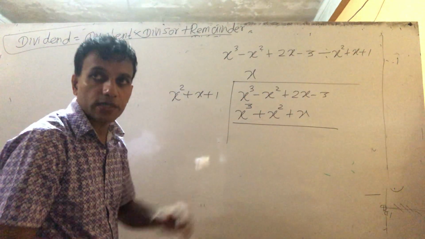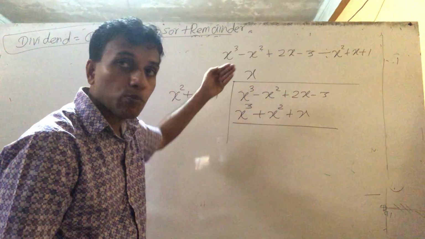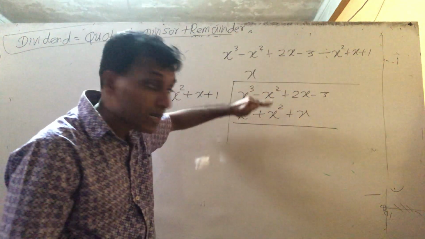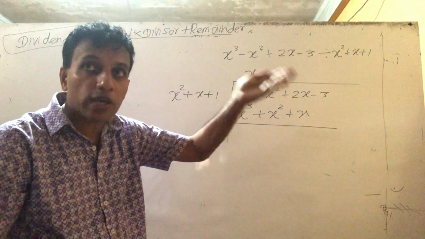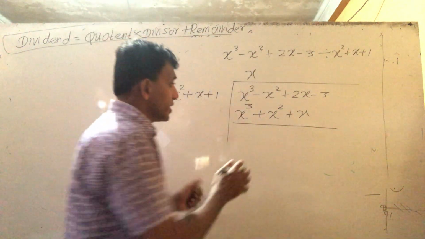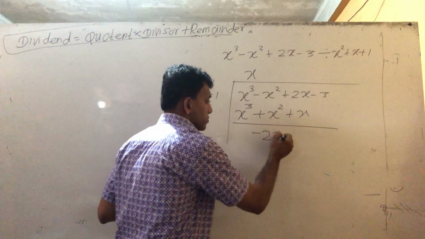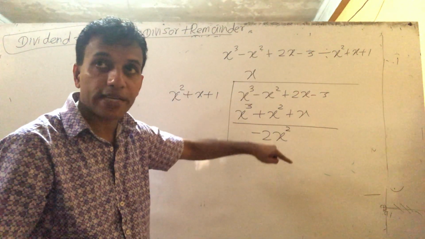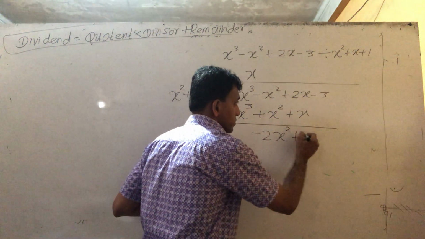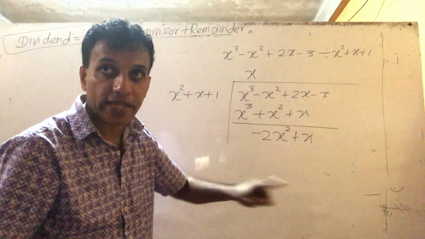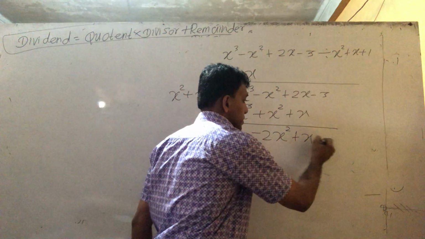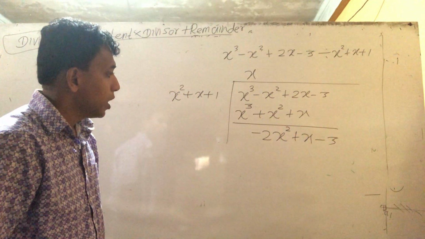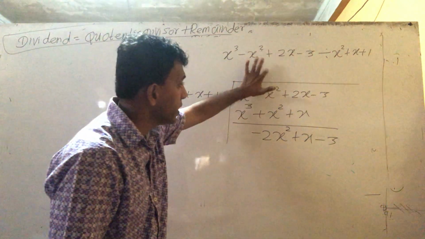Now subtract this. x cube minus x cube cancels, no x cube there. Minus x square minus x square is minus 2x square. Here 3x, subtract this 1x, 2x, and take down minus 3. Okay, now write a number here.